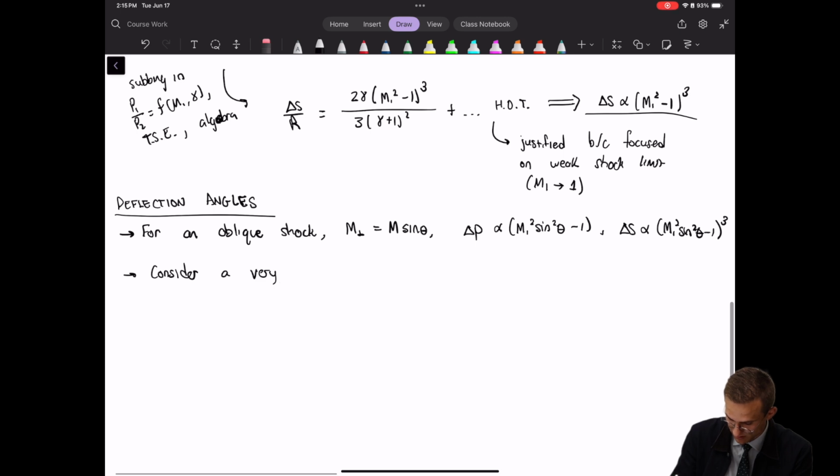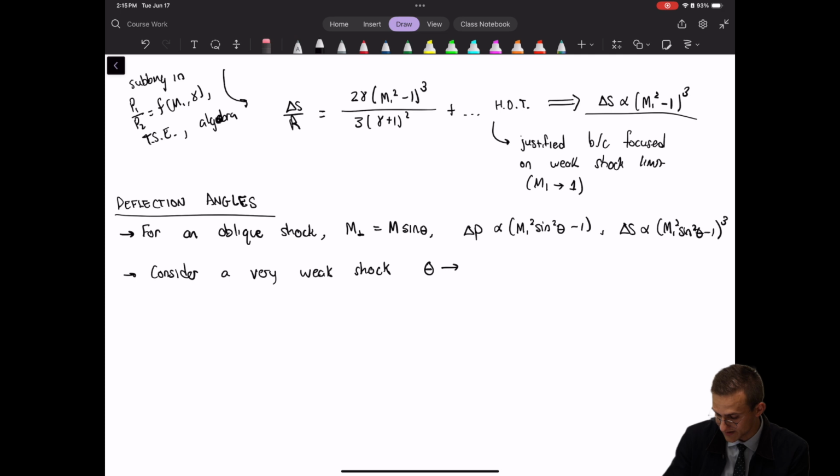So essentially that means that our shock angle, theta, is approaching mu, the Mach angle, right? And importantly, the deflection is also going to 0. So the weak shock is the case where you have 0 deflection.